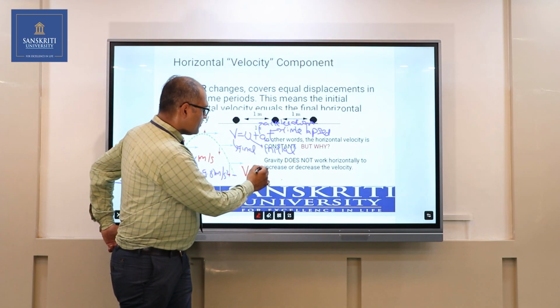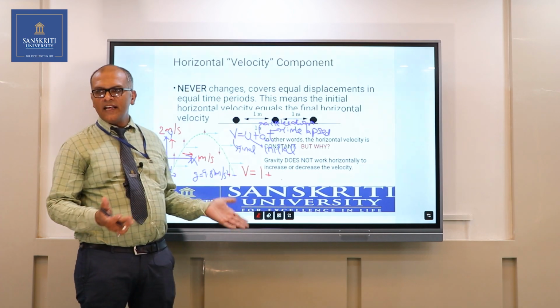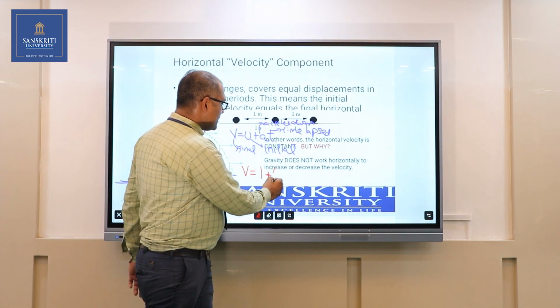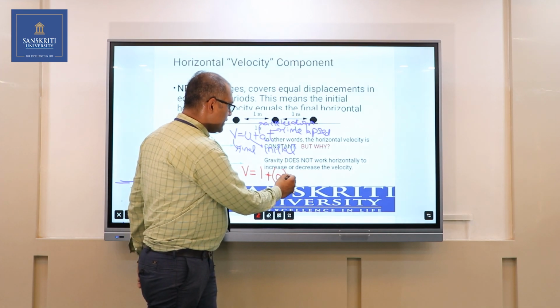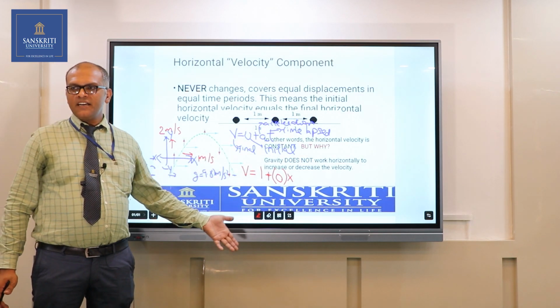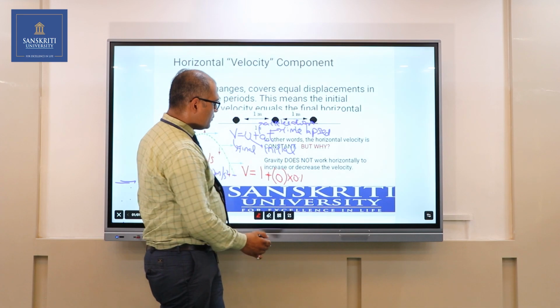So U will become 1 plus, now in horizontal direction there is no force acting, so A will become 0, into time. After 0.1 second itself, what is the change? We will put 0.1.